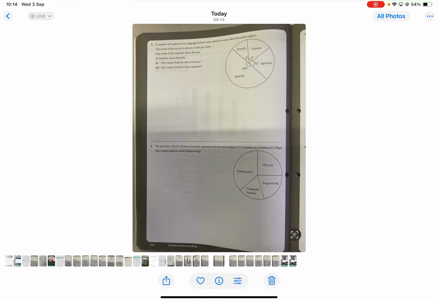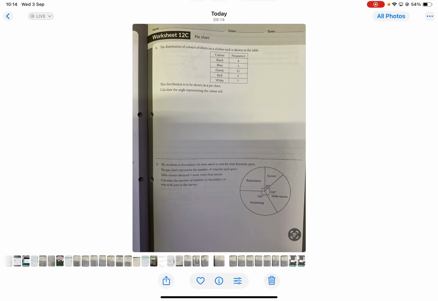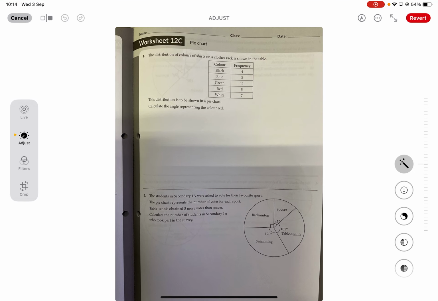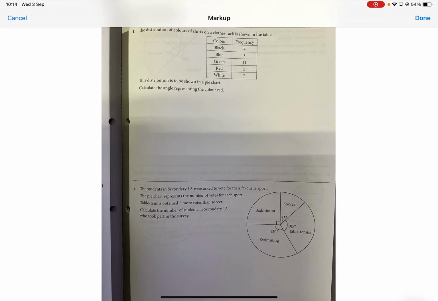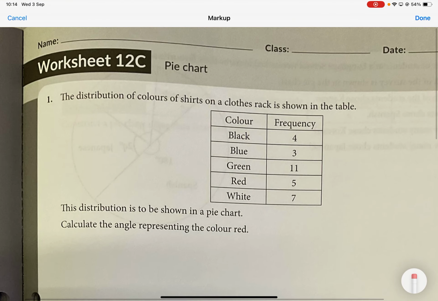So this time round, they give us frequency. How many black? How many blue? How many green? How many red? How many white?